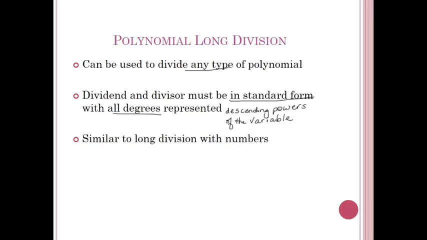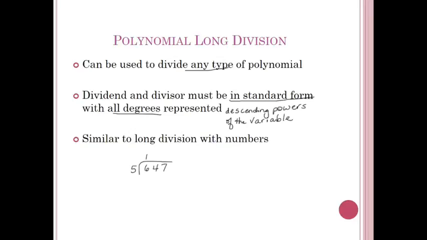And it's very similar to long division with numbers. So what I want to go through first is to look at an example of long division with numbers. So let's look at something like 647, and I'm going to divide that by 5. Now we look at first and see how many times 5 will go into 6. And that will be 1 time.